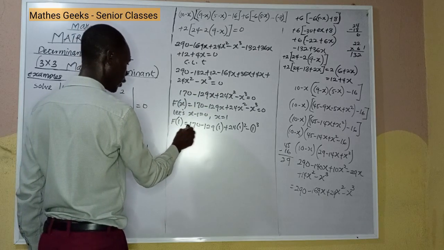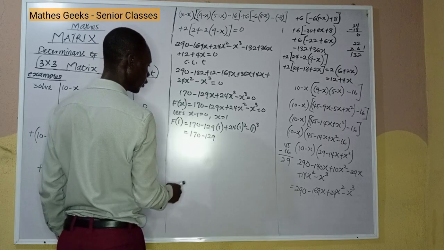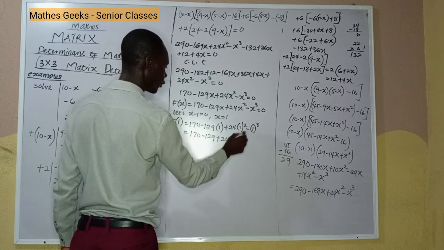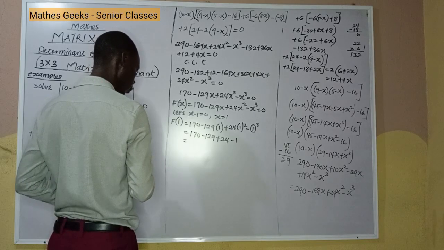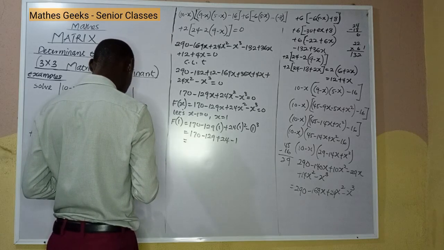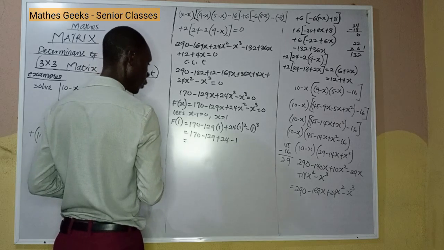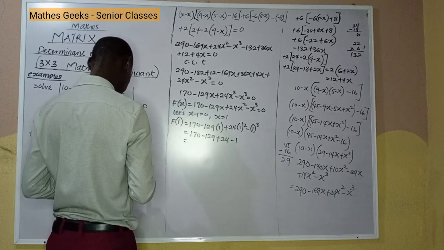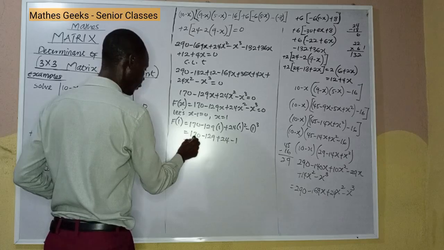So let's see what that gives us. This is equal to 170 minus 129 plus 24, since 1 raised to the power 2 is 1, times 24, minus 1, since 1 raised to the power 3 is 1. And this will give us 170 minus 129 plus 24 minus 1, that's 64.